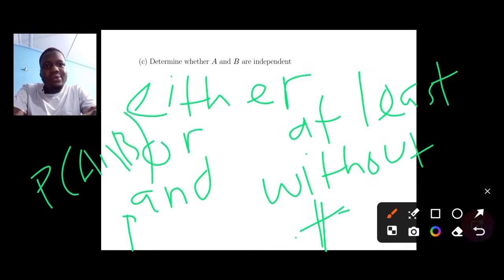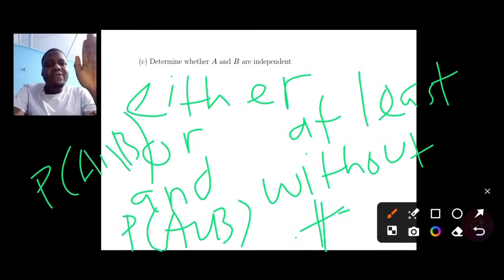See if there's any way to find the union and work with that one. If there's no way, and you are very sure of yourself that these events are independent, mostly in relation to selections. For most selections, assume independence, because what the first person will do doesn't really affect what I will do in my time. So unless you are sure, don't assume independence.